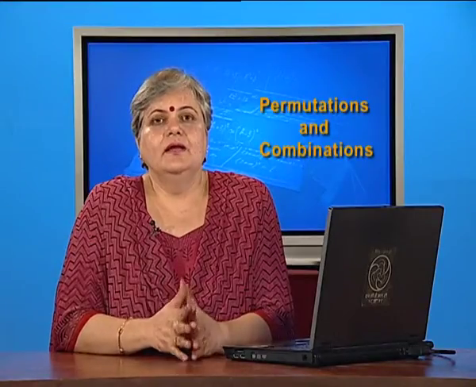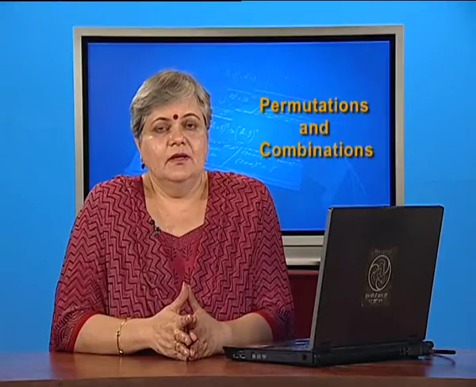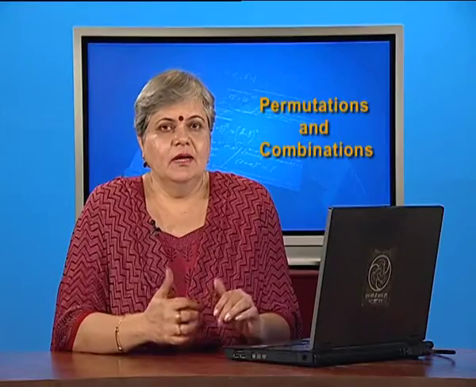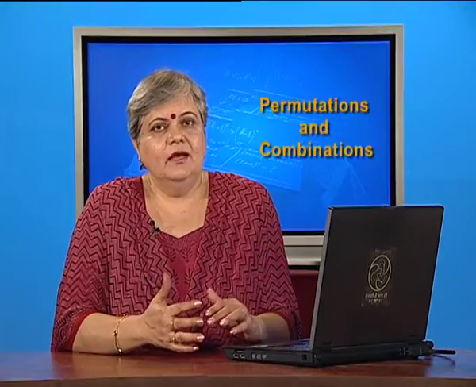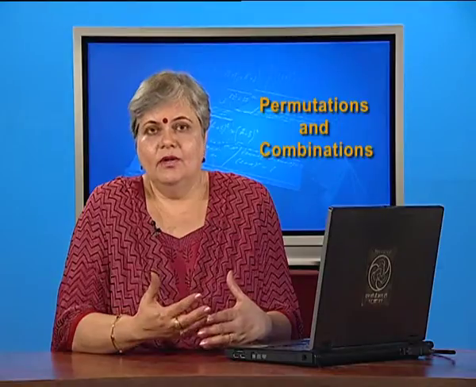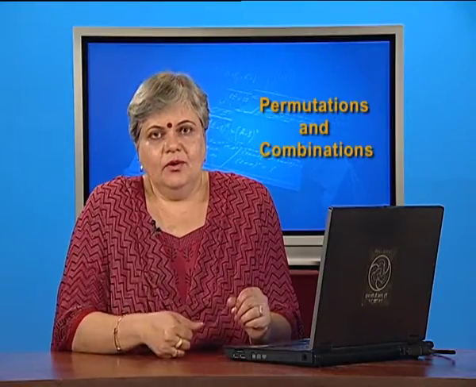Let us begin with another interesting problem. The question here says, if all the letters of the word again be arranged as in a dictionary, what is the 50th word? Dictionary is nothing but a collection of words which are written in a manner in which there is an order, the alphabetical order.